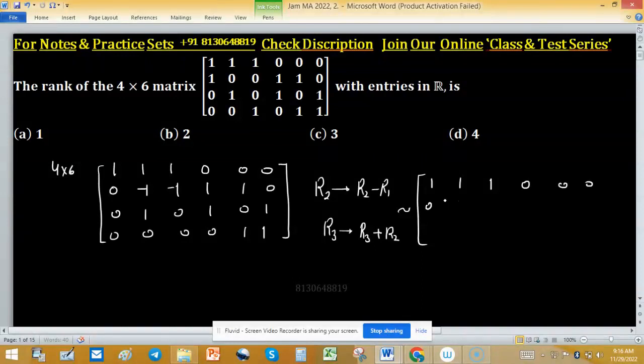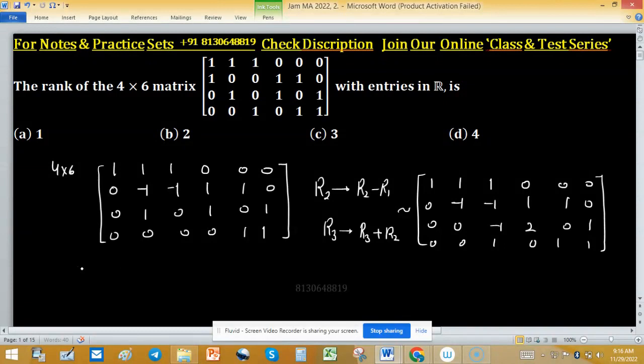Second row 0 minus 1 minus 1 1 1 0. Third row 0 0 minus 1 2 0 1, and the fourth row is 0 0 1 0 1 1. So this is the matrix.